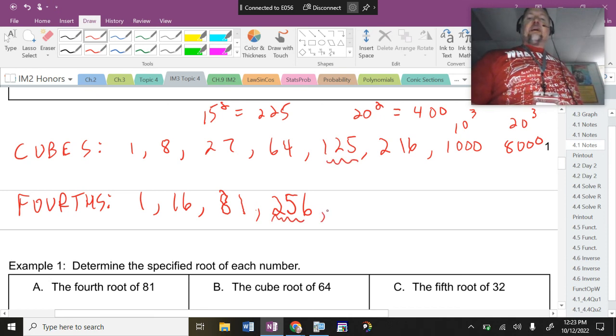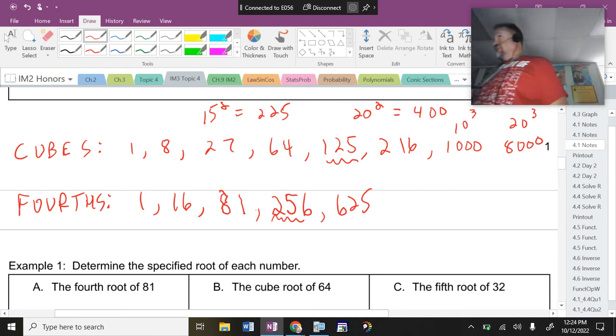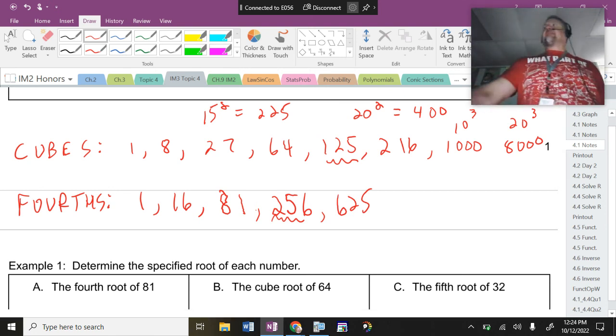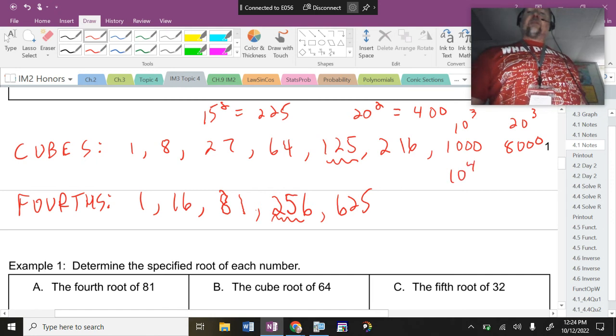What is 5 to the 4th power? 625. 5 times 100 is 500. 5 times 25 is 125. Add those two together, I get 625. And then I'll stop there. I won't go on, because what's 10 to the 4th power? A 10 with how many zeros? 4. And then you tell me it's 10,000.